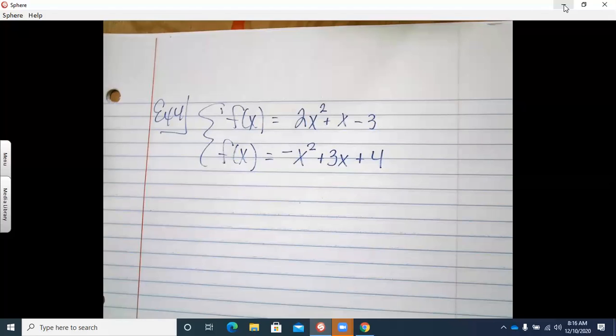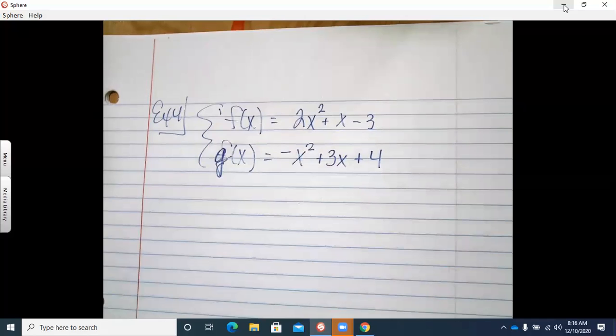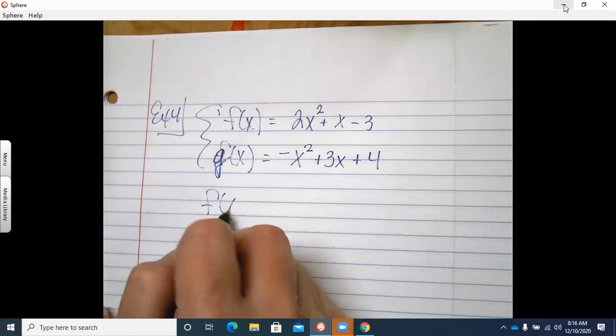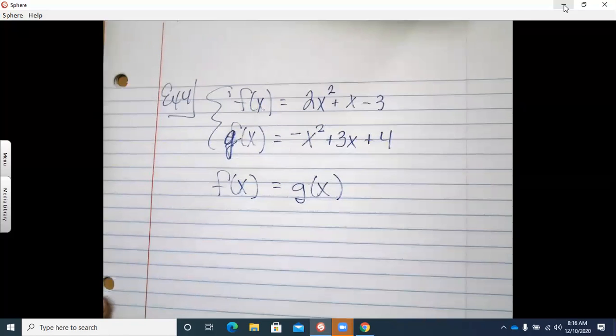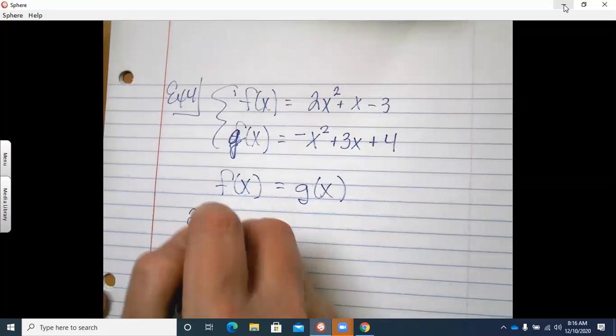So I'm going to set these equal to each other. Oh, I call them both the same thing. I probably should have called one of them something different. My bad. So I'm going to set function f equal to function g, and I'm going to substitute. Function f is 2x squared plus x minus 3.